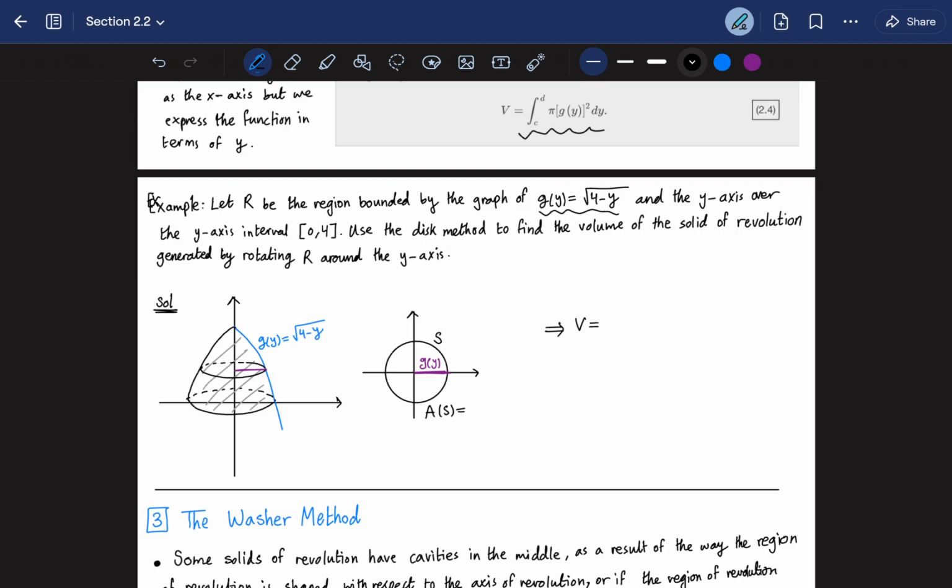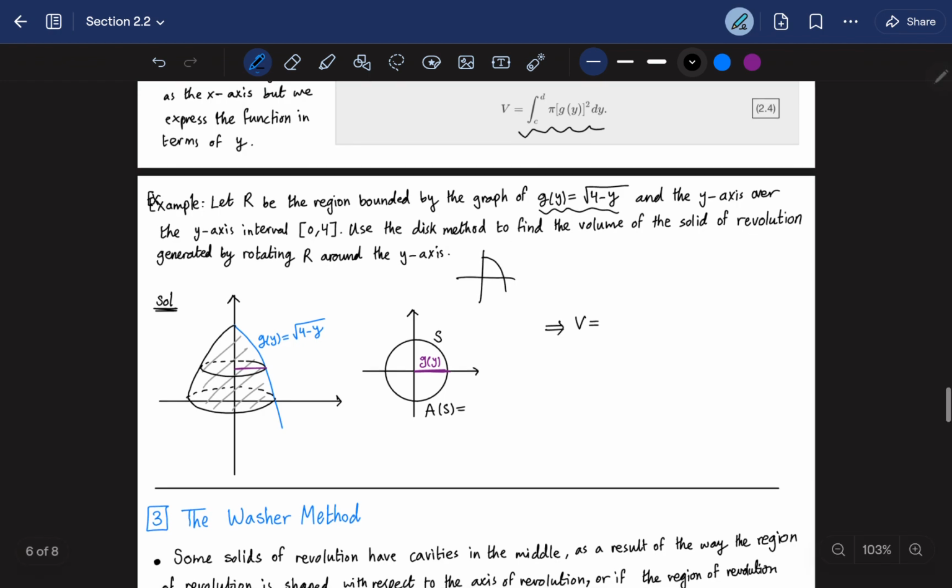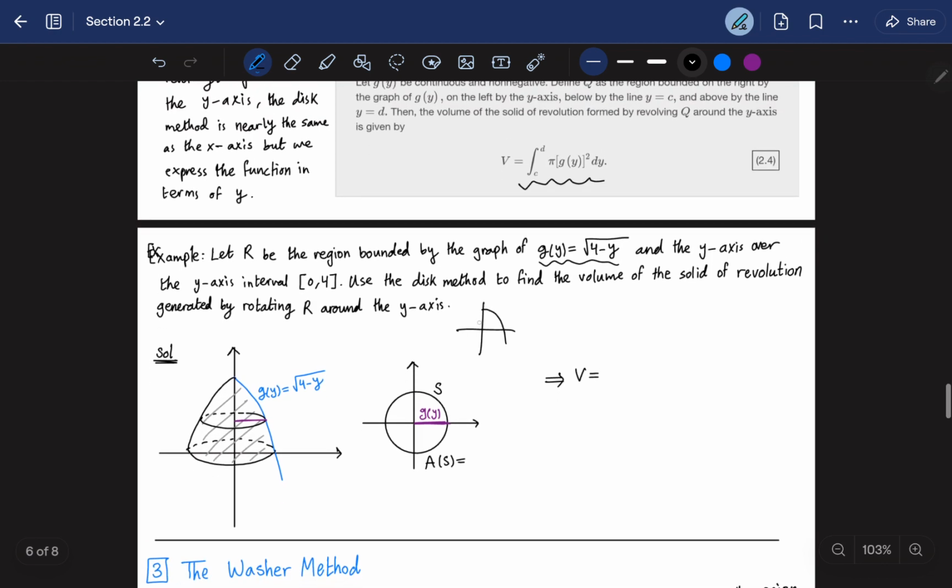Same exact method. You graph your function, you're going to get this, and then from 0 up to 4, this is your region. Then we're revolving around the y-axis here. So you're going to have this solid of revolution. Since we're using the disk method, we're going to have a cross section of a circle.